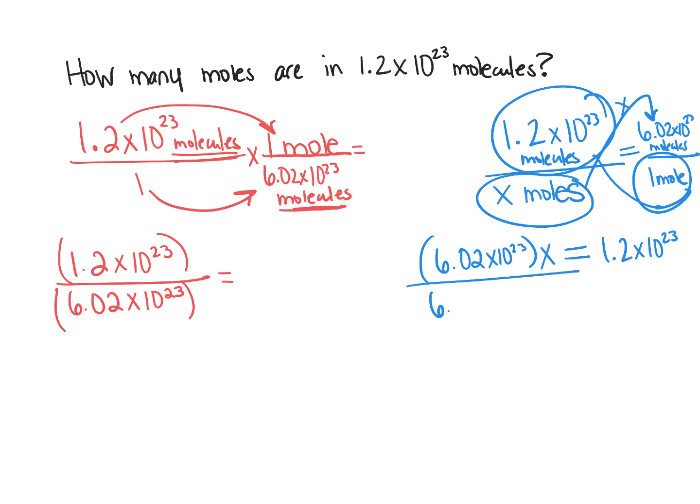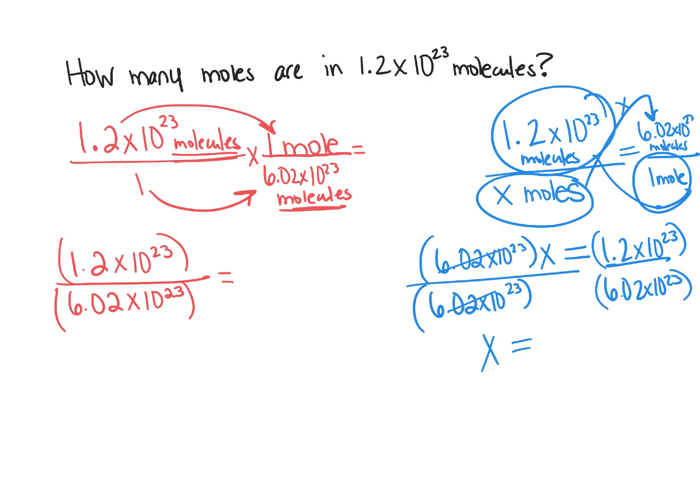I want to solve for X, so I'm going to isolate my X by dividing both sides by 6.02 times 10 to the 23rd, and you can see that the math ends up exactly the same. No matter what, I have to put into my calculator 1.2 times 10 to the 23rd divided by 6.02 times 10 to the 23rd.